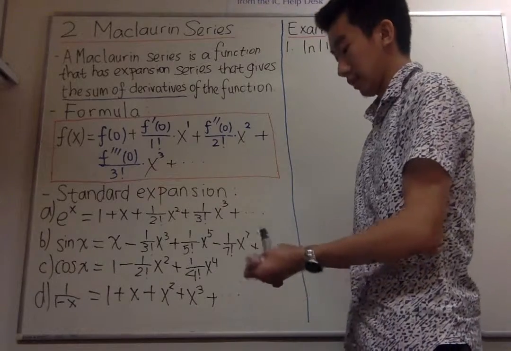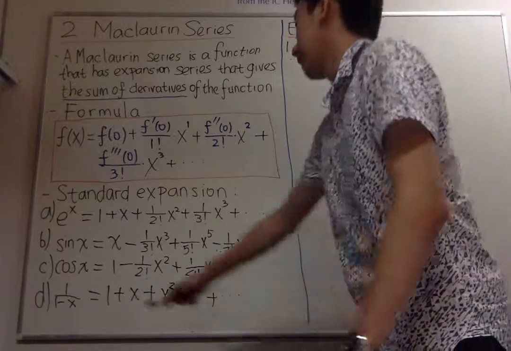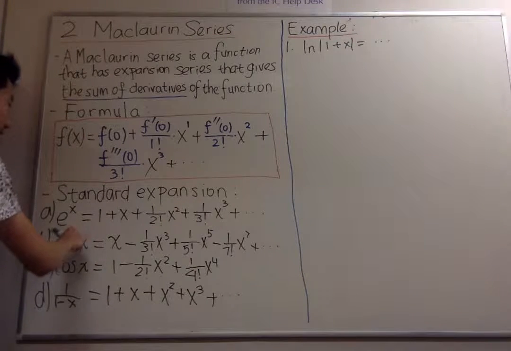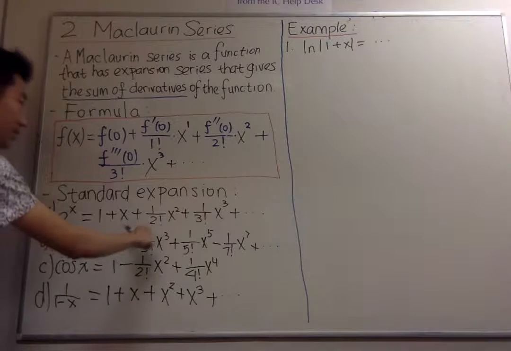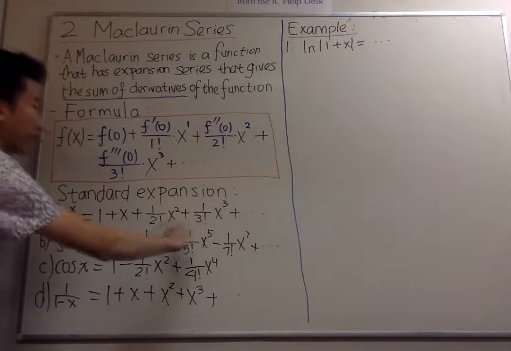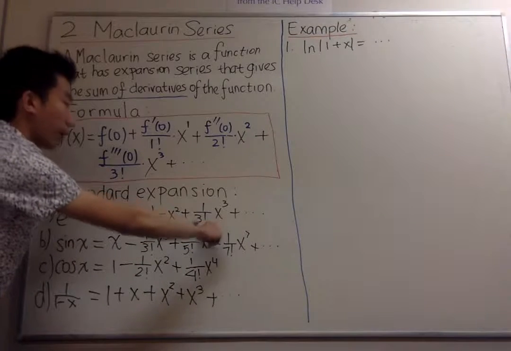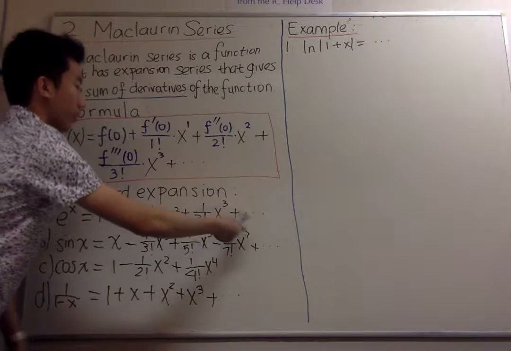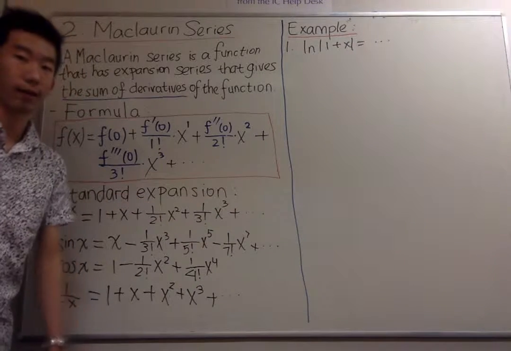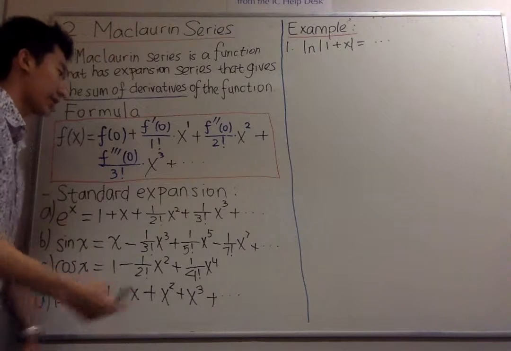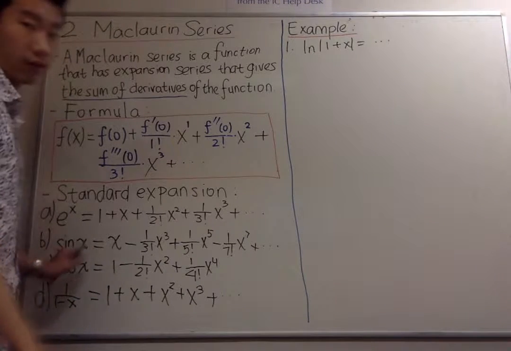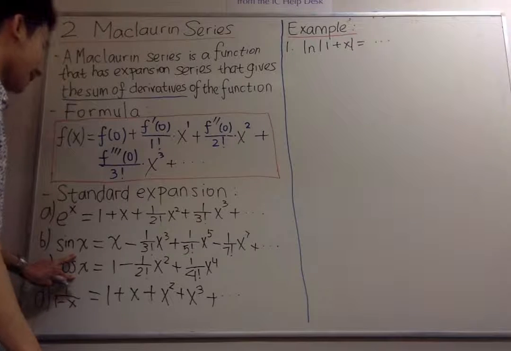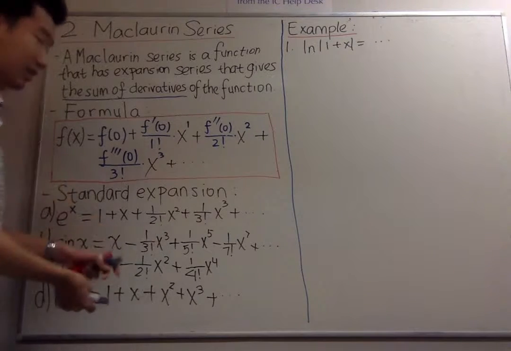Here it is. e to the power of x is equal to 1 plus x plus x squared over 2 factorial plus x to the power of 3 over 3 factorial plus x to the power of 4 over 4 factorial, and so on.